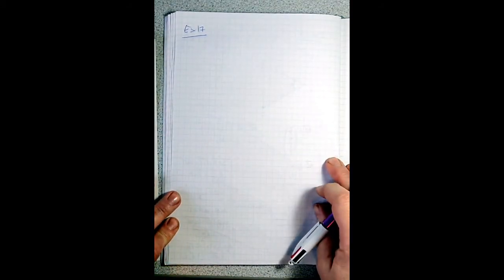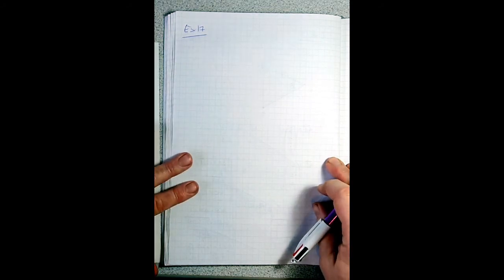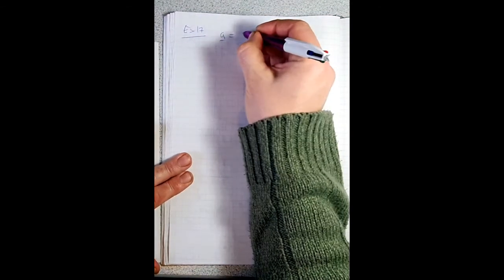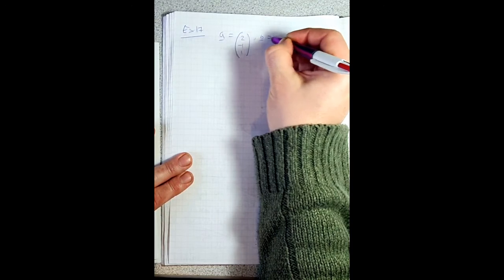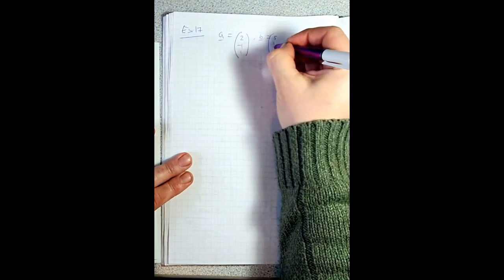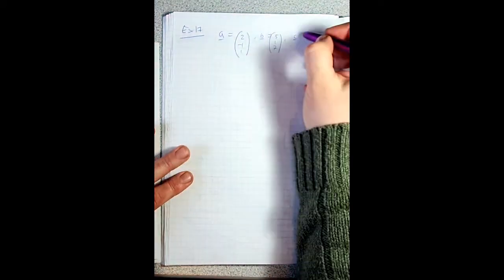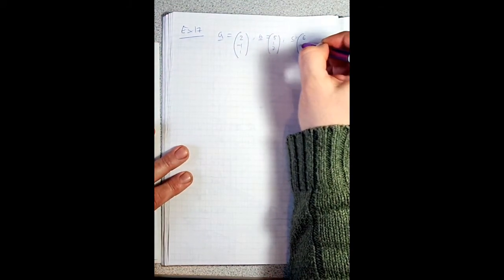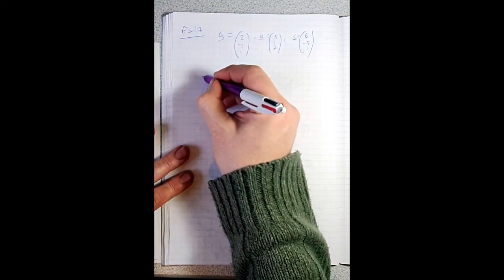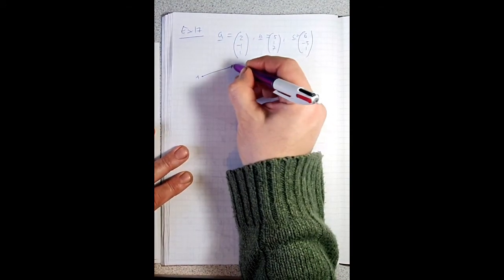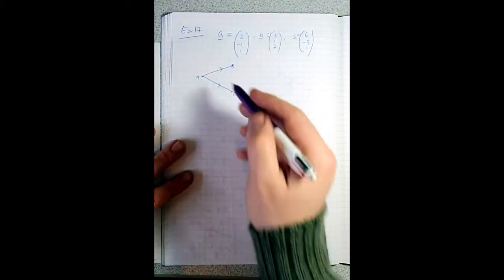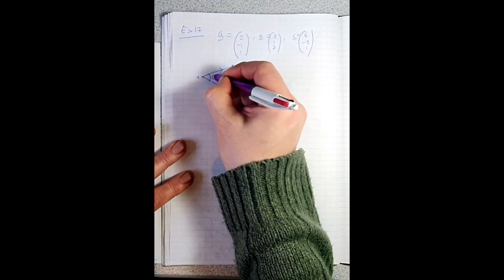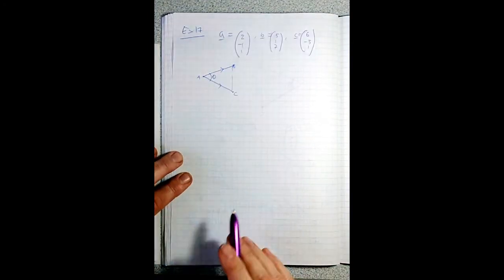Example 17, you may have noticed my edit. This is my second go at it. We've got position A, 2, -1, 1. Position B, 5, 1, 7. Position C, 6, -3, 1. Now we can easily work out vectors AB and AC, and since I've drawn them both going away from the same point, I could also work out the angle, and so I can work out the area of the triangle.